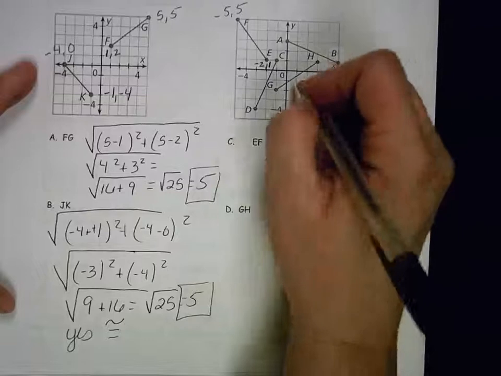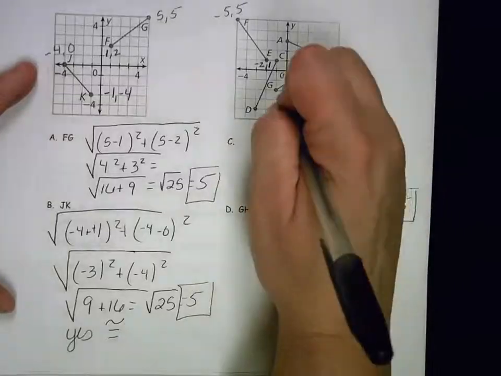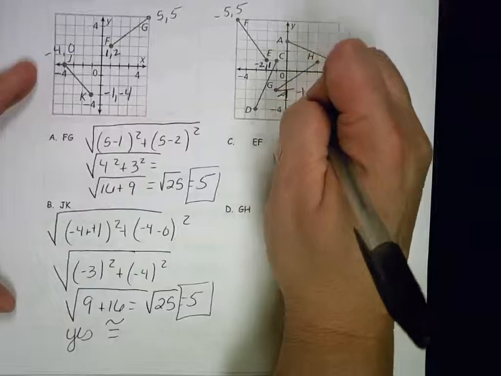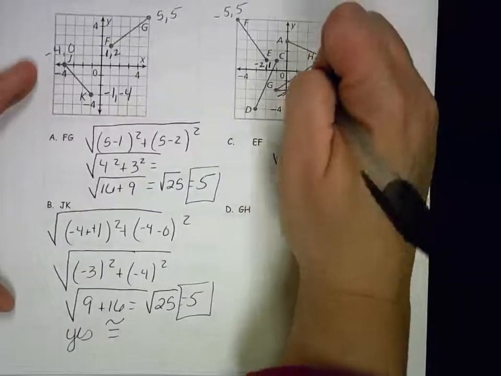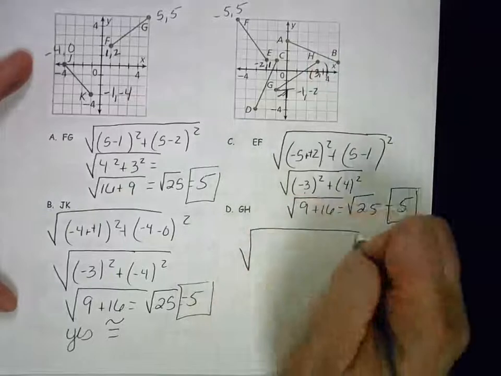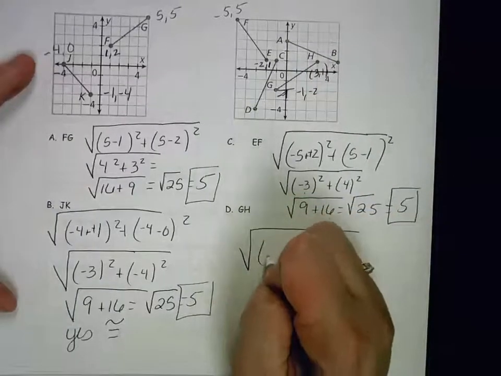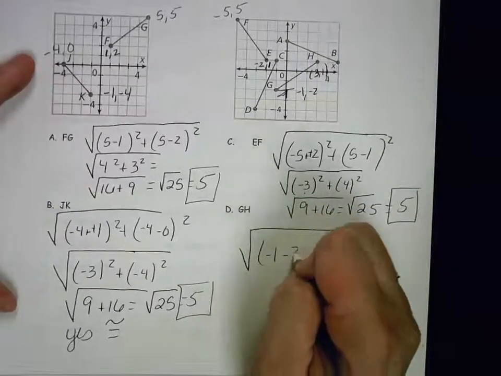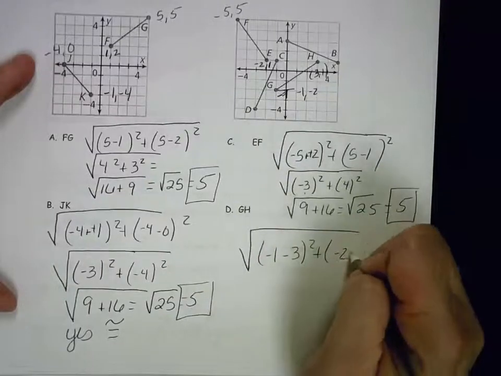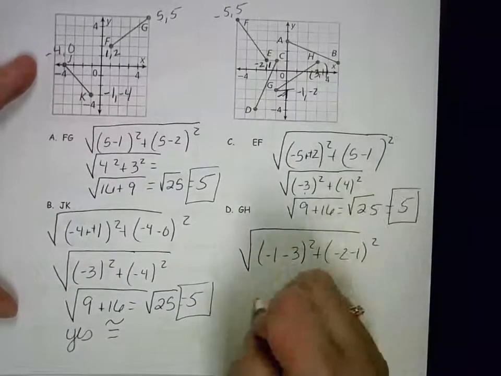And GH, G will be (-1, -2). H will be (3, 1). So negative 1 minus 3 squared, negative 2 minus 1 squared.